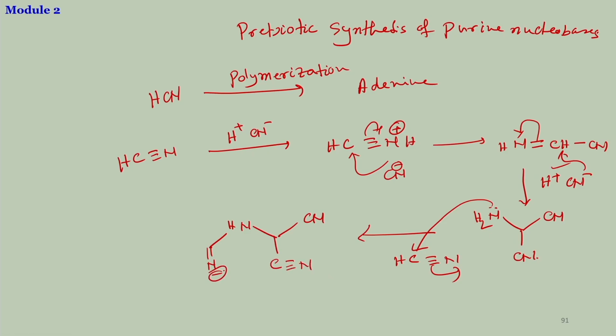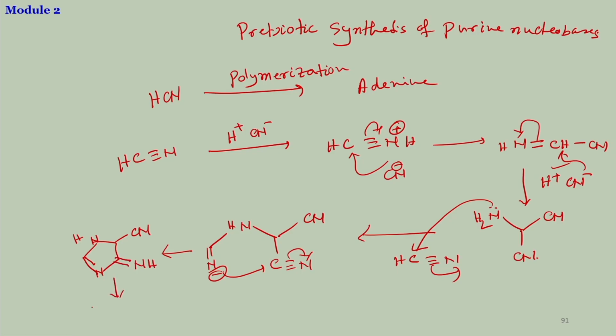Now this minus can react here, eliminate this. So now you have a 5-membered ring with N, there is a double bond here, carbon, then you have NH, cyanide, and in this case you have double bond NH.